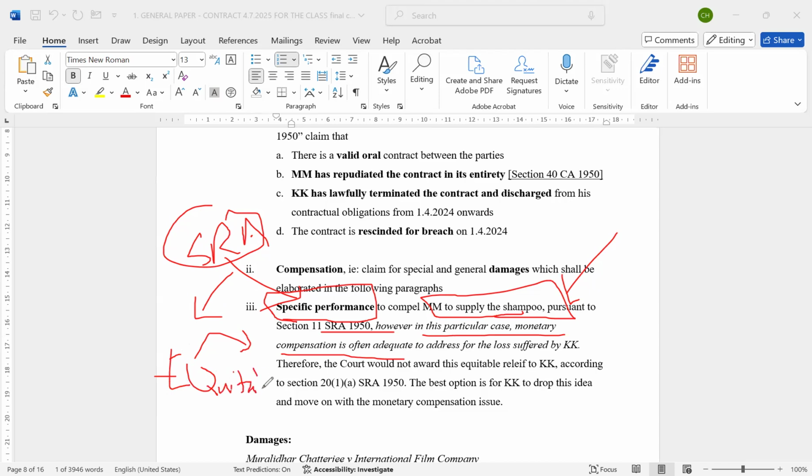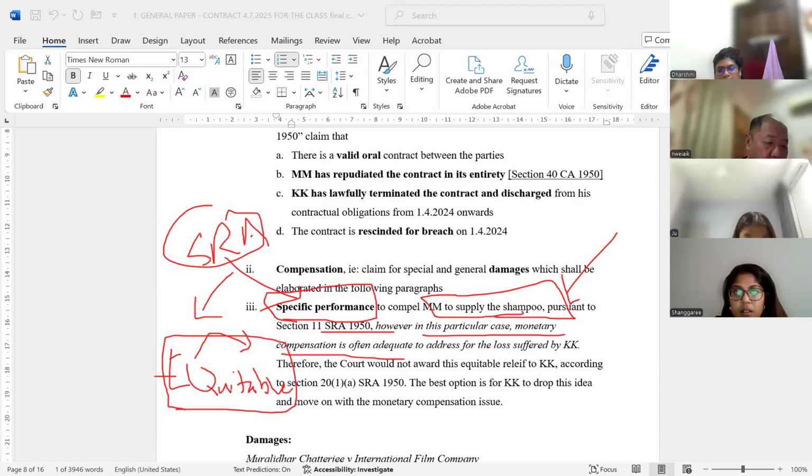Equitable in nature means, if you force someone to do something, for example, if you give a mandatory injunction to a person to execute the renovation of your house, it will actually cause hardship to the party being forced by the court to do so. So this is equitable, and it is often not granted by the court where the damages could be fully paid by monetary award. Be clear with that.